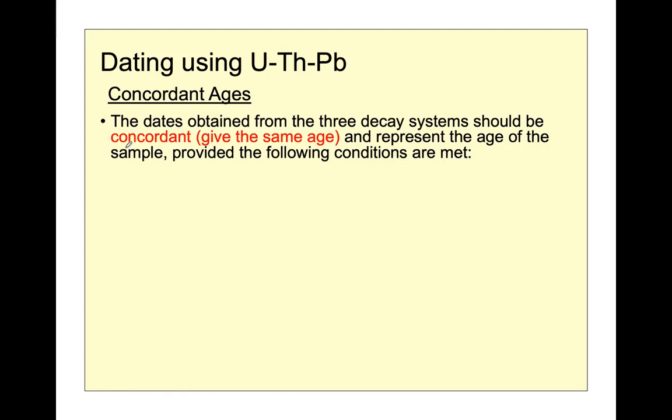If the three isotopic systems, uranium 235, 238, and thorium 232, give very close or very similar dates or ages, we call the system concordant. But if they are different from each other considerably, then we call it discordant.